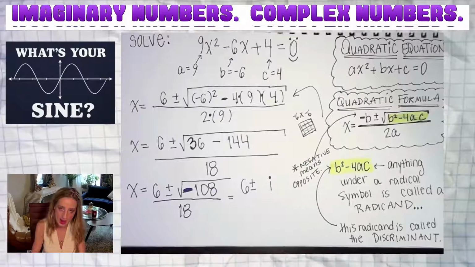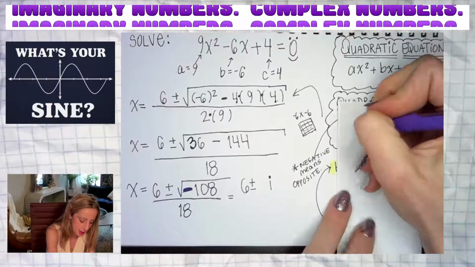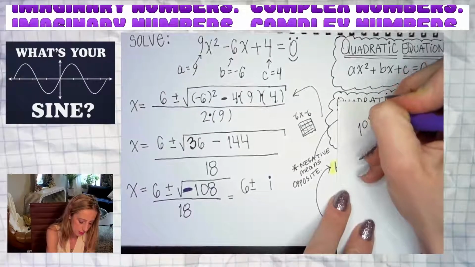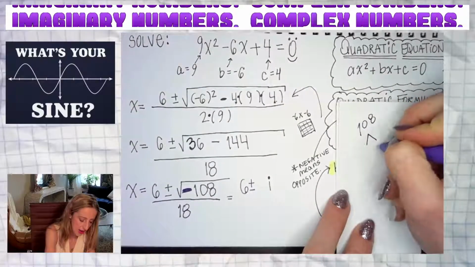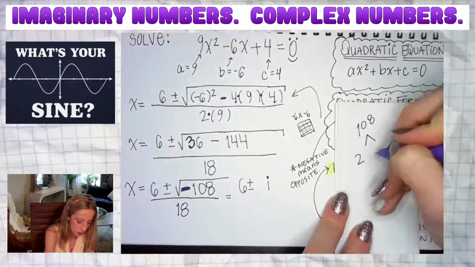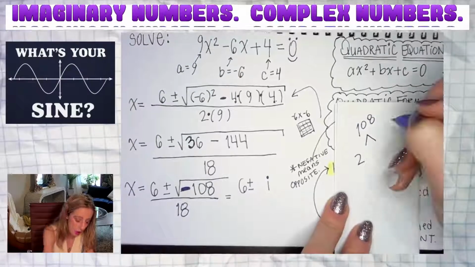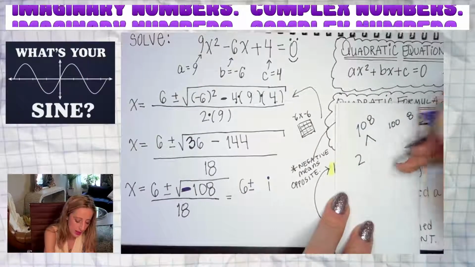So in order to do that, I'm going to take 108 and make a little factor tree with it on the side. So here's 108, and I'm going to break this number down. 108, I like to start with 2 whenever possible. 2 times, well, half of 100 is 50, and then half of 8 is 4.